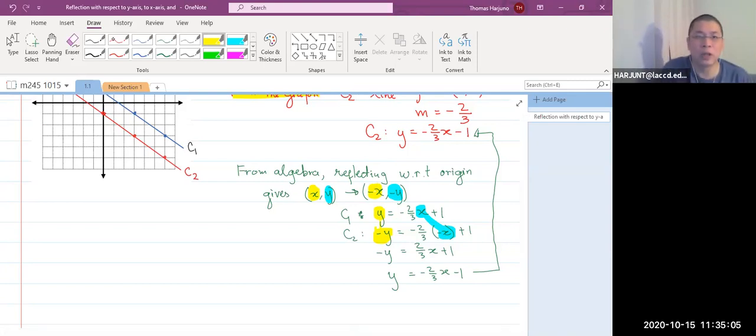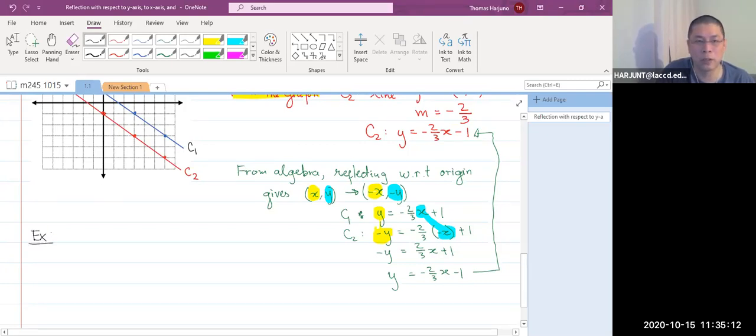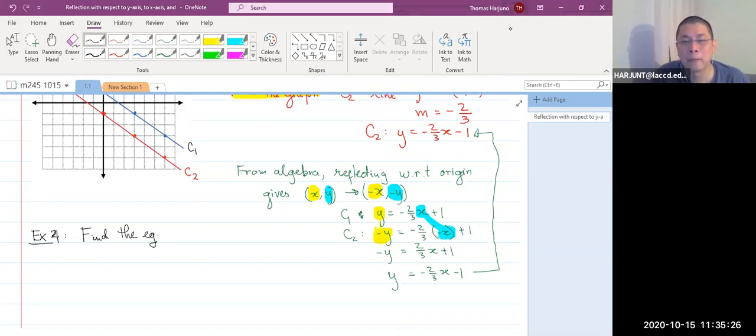Now with that said, let's say for example, example 4. I don't want to say that when we reflect with respect to the origin, the only thing not changing is the slope. I will not say it that way because that only applies for a line.